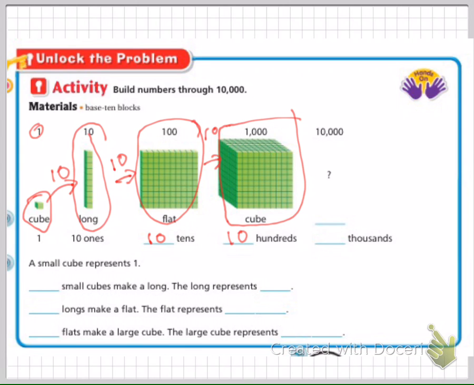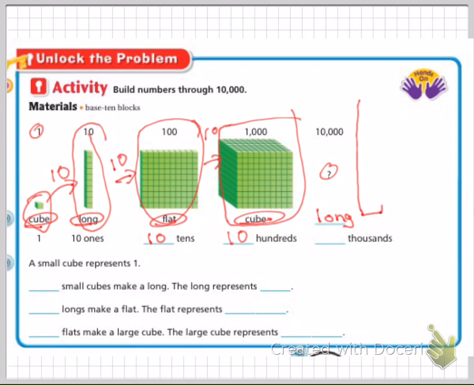Now let's look at the pattern. We got cube, long, flat, cube. What do you think this next one is going to be? Well, if you said long, you are correct.